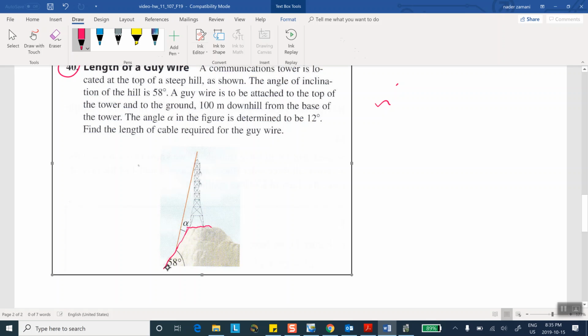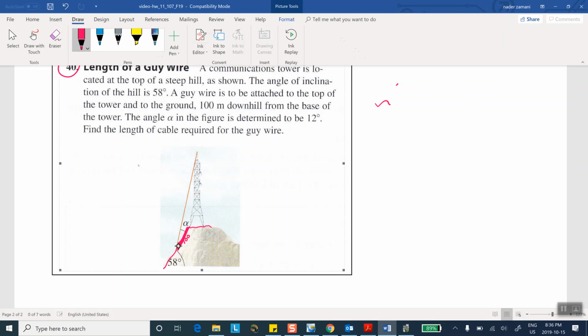Okay, so that's what the hill is, right? 58 degrees is down here. Okay, this is angle alpha. Fine. The guy wire is to be attached to the top of the tower and to the ground 100 meters downhill from the base of the tower. Now, my guess is that they're saying this is 100 meters, this length.